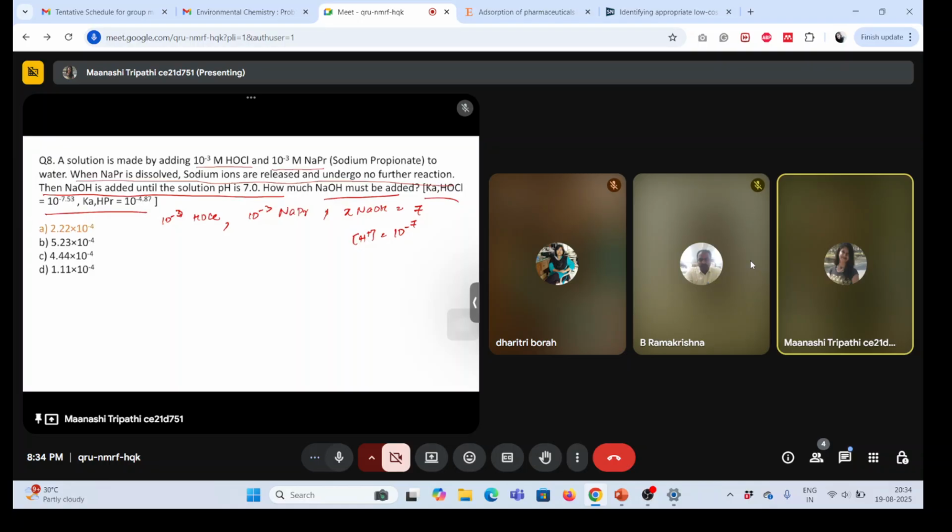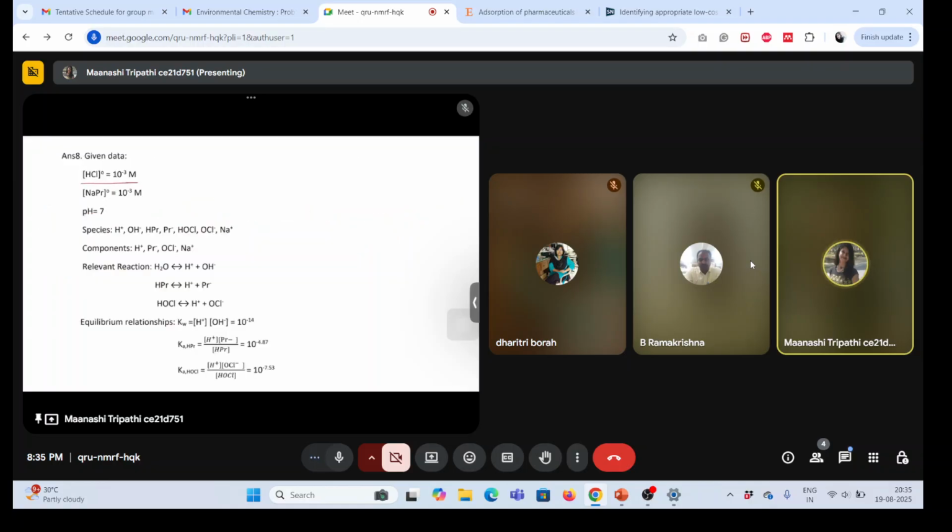We'll see. So the answer is 2.22 into 10 raised to power minus 4. So this is the solution.